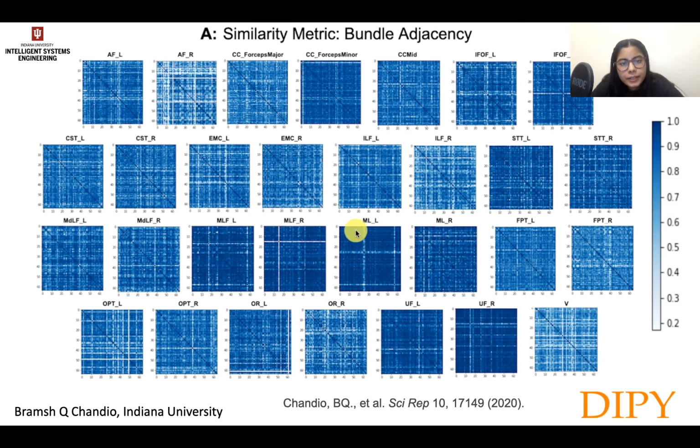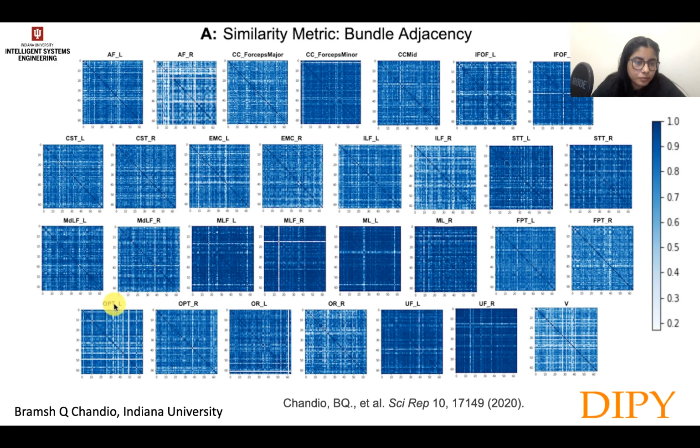And if we look at this MLF right, here there is one subject that just doesn't have a higher shape similarity score, and all others have relatively higher shape similarity scores. So we can say that this one subject doesn't have this bundle, or there is some problem with this one subject, with this bundle.